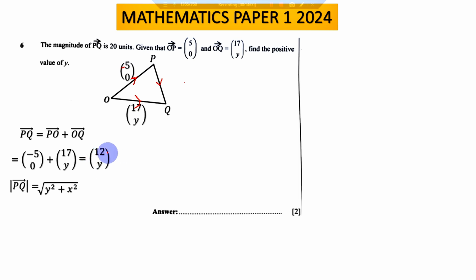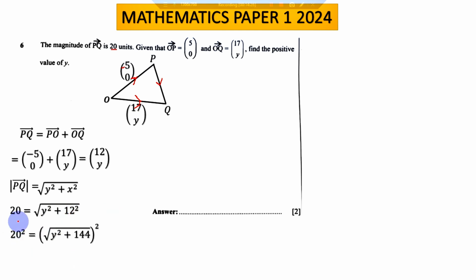So with these two values here, the 12 and y in this column vector, the magnitude PQ we've been given as 20 units, so put a 20 equals the square root of y squared plus 12 squared. First of all we expand the power for 12. So 12 squared is 144, of course.